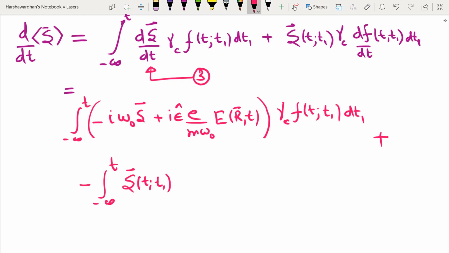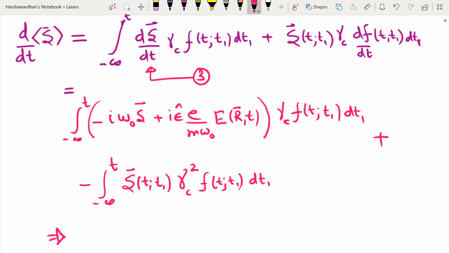So let me call this minus gamma c squared f of t, t1, dt1. So this equation I can quickly rewrite.